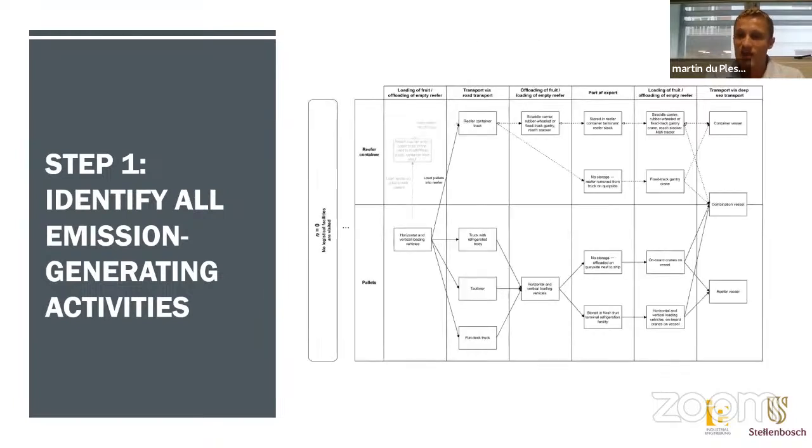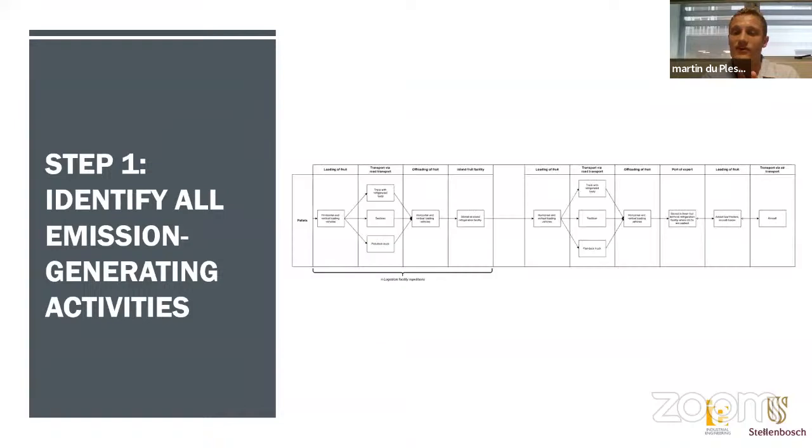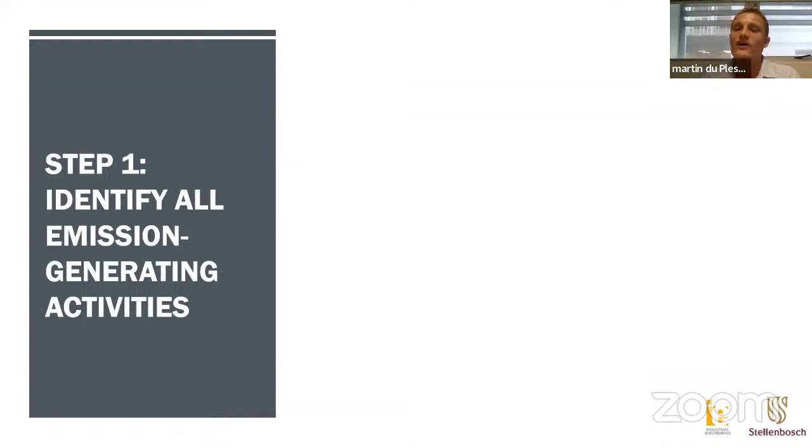Each of these vertical columns represents an emission generating activity that the user needs to quantify the emissions of. There are 5 diagrams, and these 5 diagrams capture all the possible scenarios. So there's no way for the user to neglect or omit certain activities, thereby minimizing or reducing the amount of emissions actually emitted.